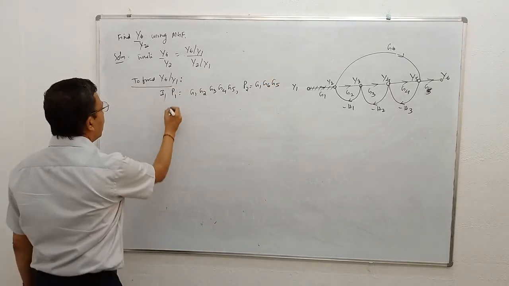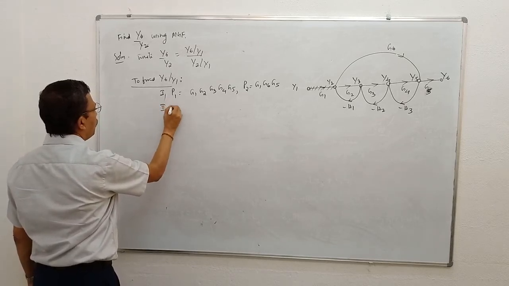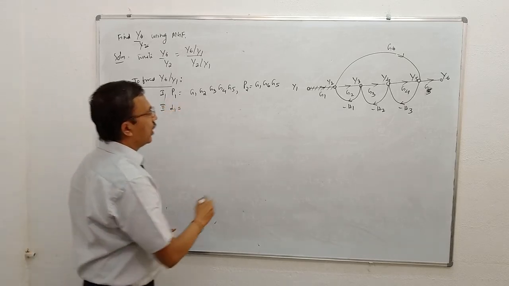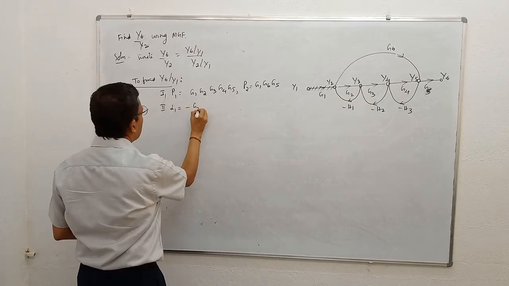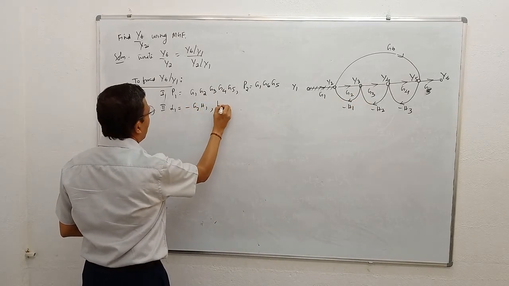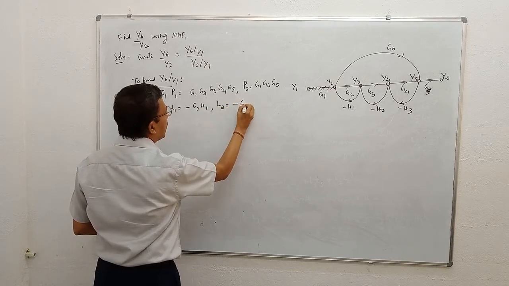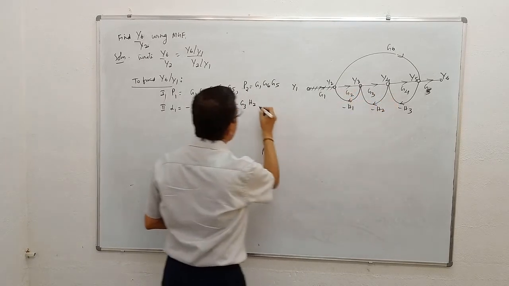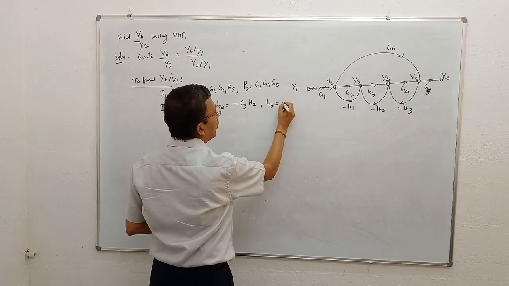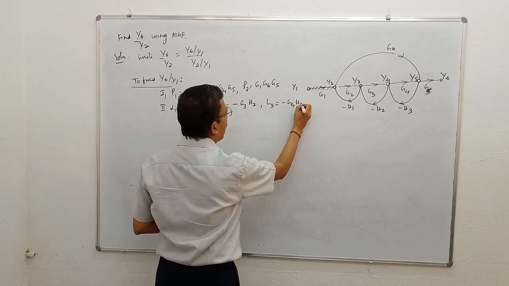How many loops are there? Second step. L1 equals G2 minus H1 minus G2 H1. What is L2? Minus G3 H2. What is L3? Minus G4 H3.